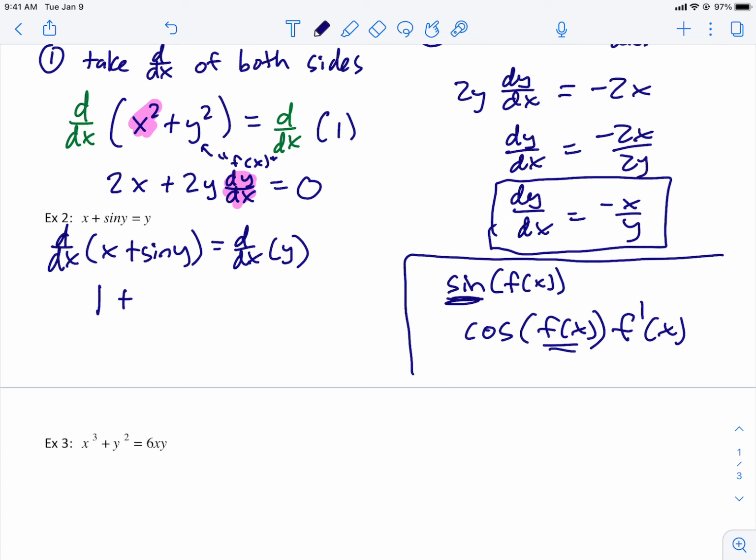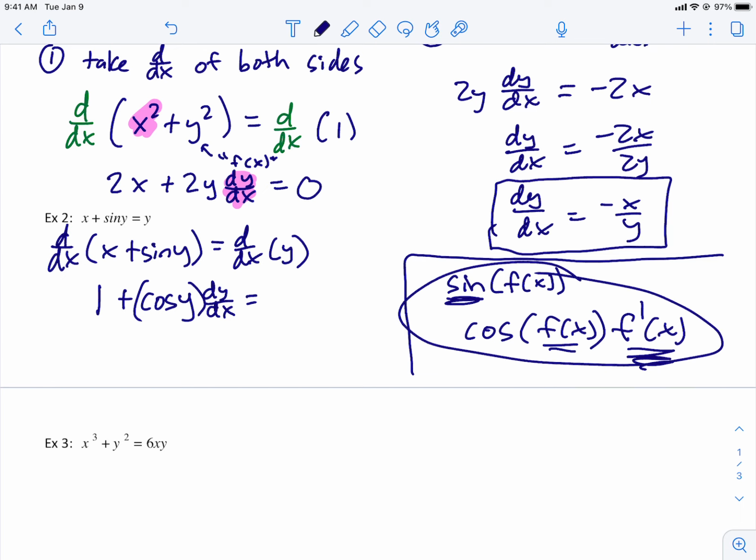Okay? So again, that's kind of what's happening here. So we're going to have 1 plus the cosine of, and I'm just going to keep it as y, and now f prime of x is just dy dx. Okay? And so that's the left-hand side. And again, you don't have to do it the way I'm doing over here, that's just explaining in more detail why this dy dx is popping up.